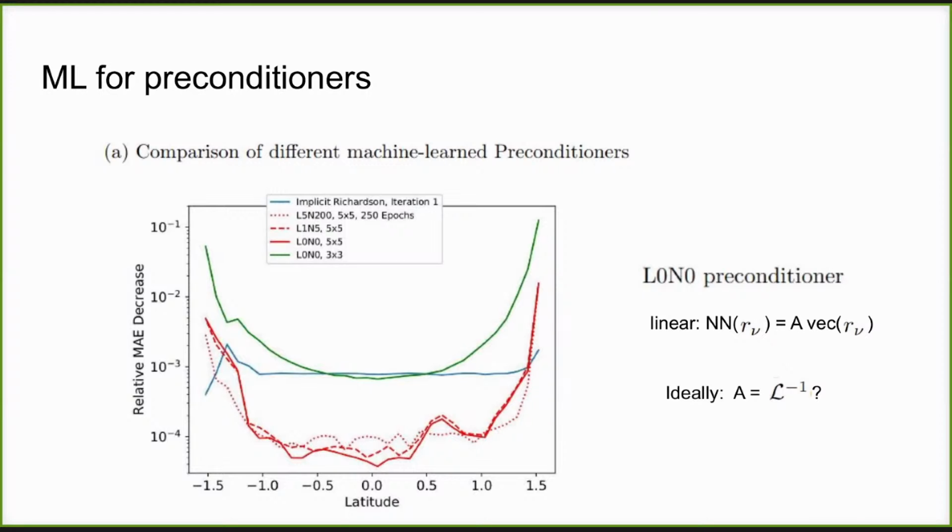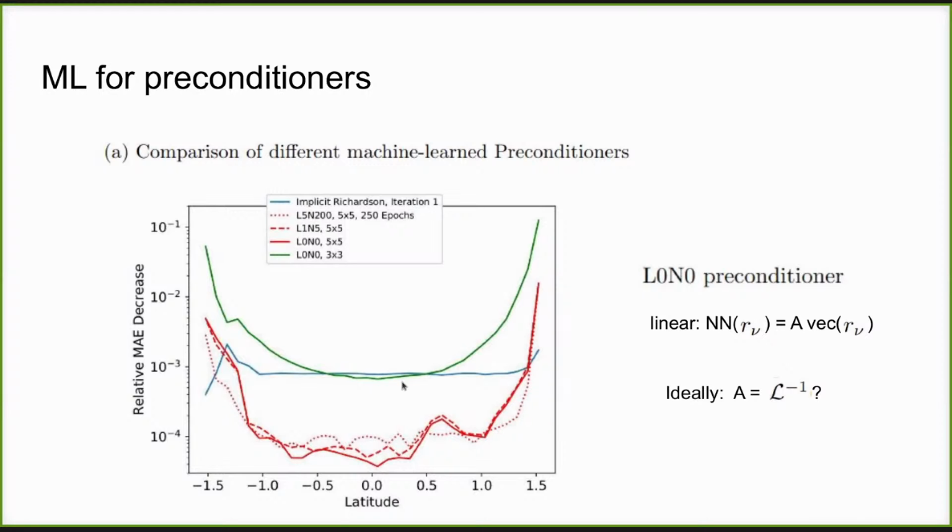So it makes sense to train different algorithms for different latitudes. And one thing that you might appreciate here is that the different neural networks here in different versions of red, they all behave pretty much the same in terms of their quality. So this is a performance metric. What really makes a difference is the size of the stencil, 5 by 5 versus 3 by 3.